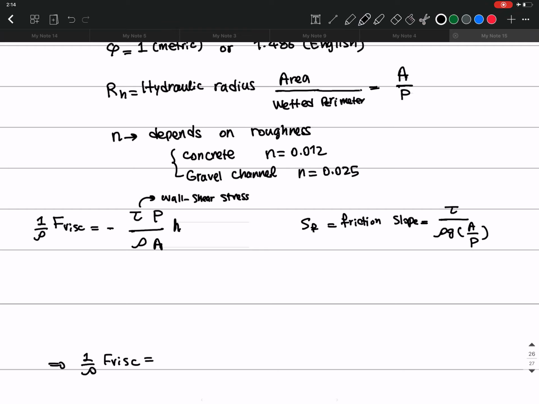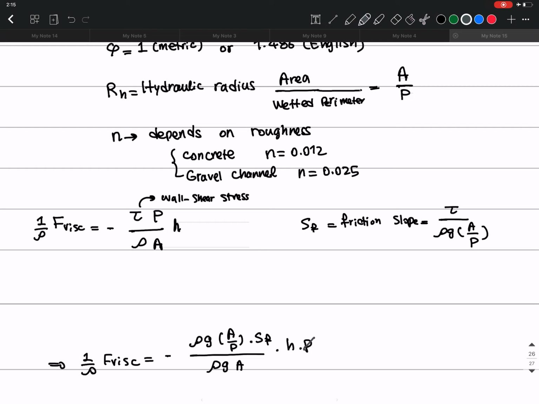So in general, the viscous force, the way we show it is, for example, instead of tau, we can write minus, I'm going to write rho g A over P from this relation, times SF over rho A H. Sorry, the H should be here, and then we also have P. Okay, so now these terms are all going to cancel out.